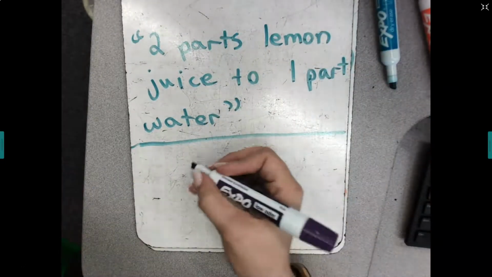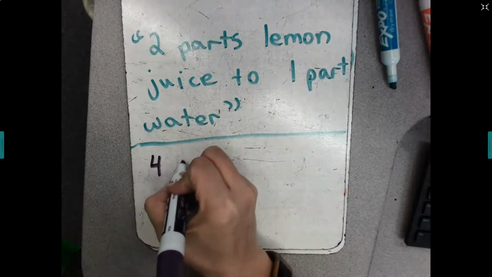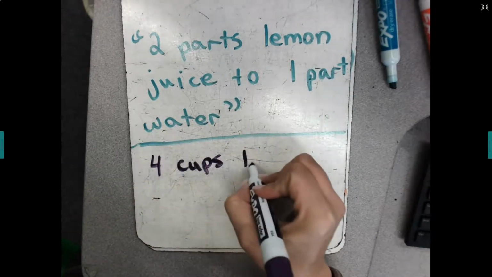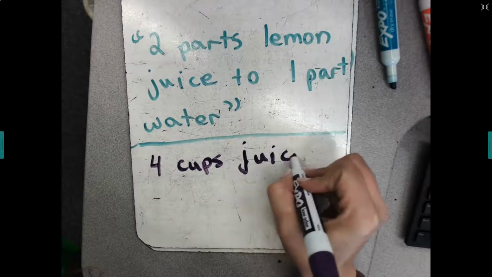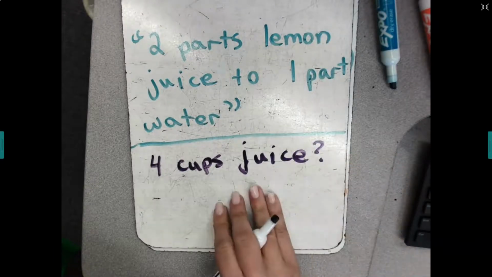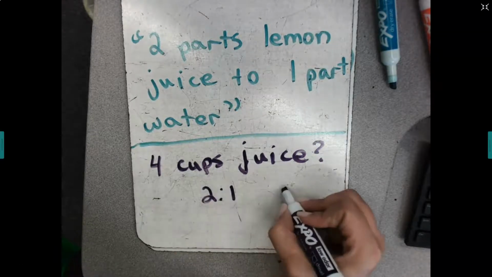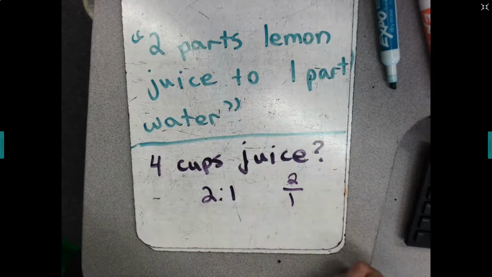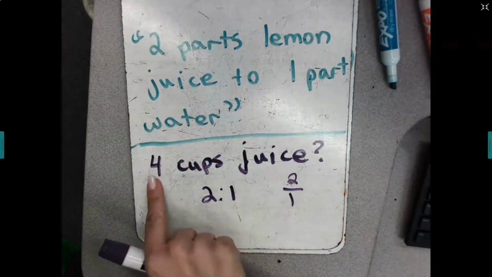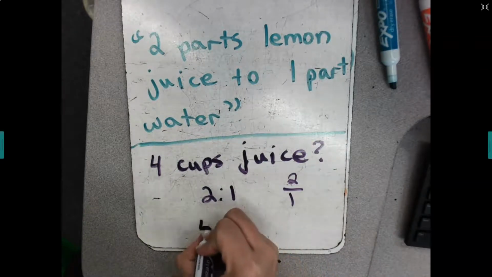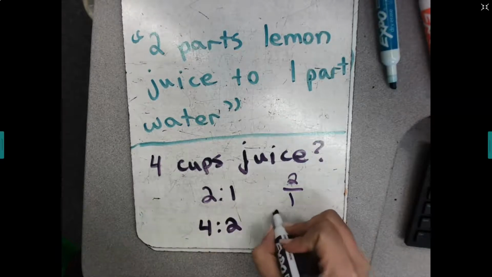What if I wanted to use 4 cups of juice? How many cups of lemonade would that make? Well, let's start with thinking about my ratio, and then make an equivalent ratio to account for the 4 cups. That would be 4 to 2.